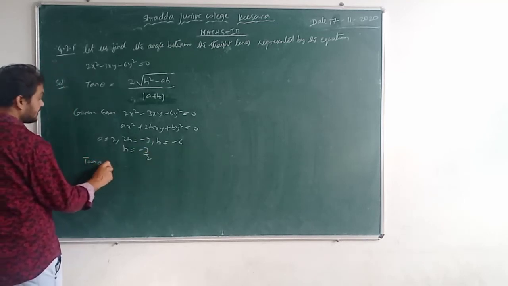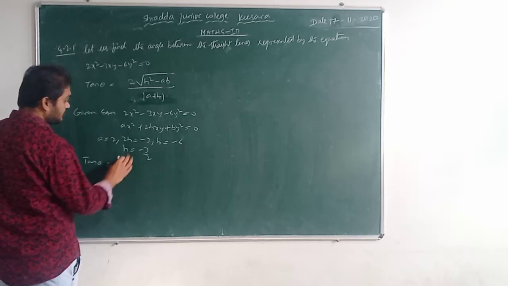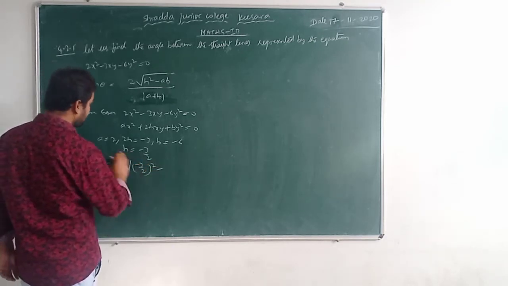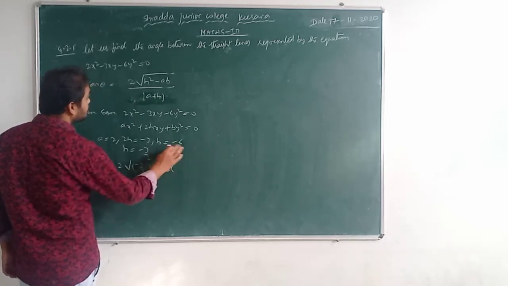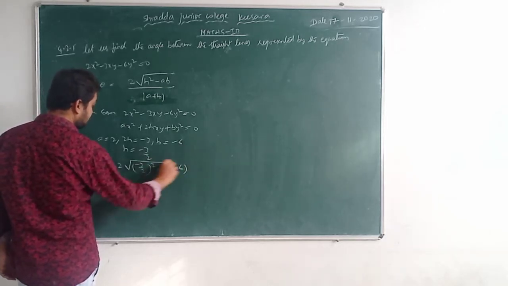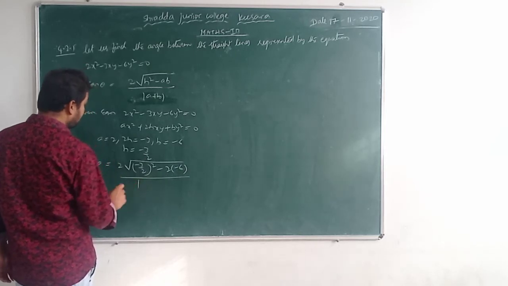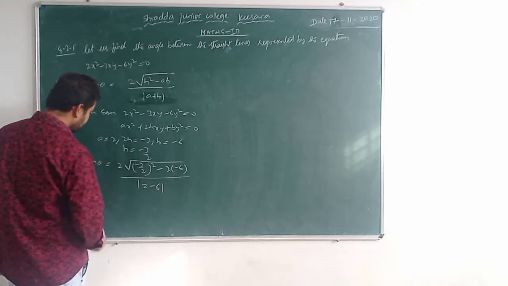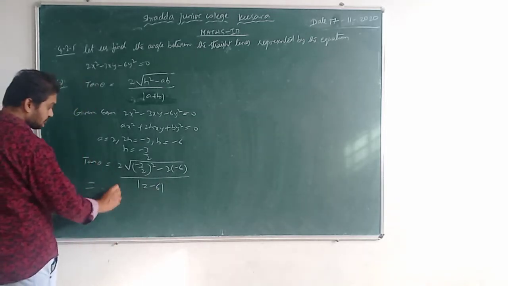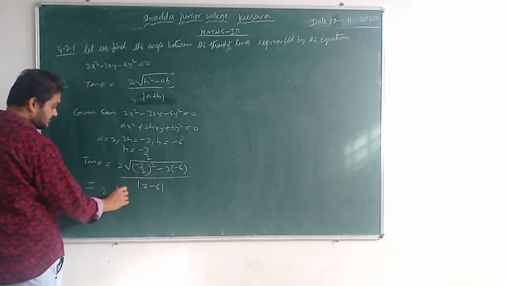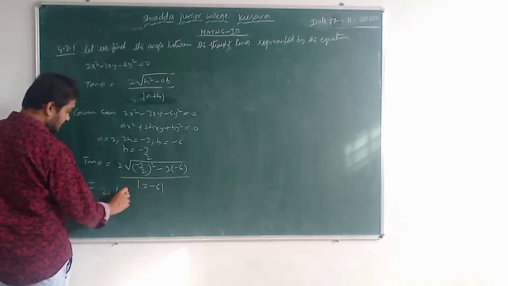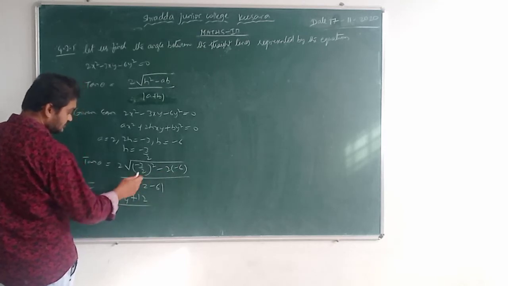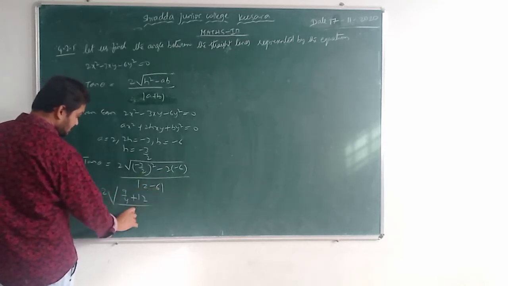Now here tan theta equals 2 square root of h square, that is minus 3 by 2 whole square, minus a, that is 2, into b, that is minus 6, by mod a plus b, that is 2 plus minus 6. Now this is equal to 2 into square root of minus 3 by 2 whole square, that is 9 by 4, minus into minus plus 6. 2 sixes are 12. 2 minus 6, that is minus 4.